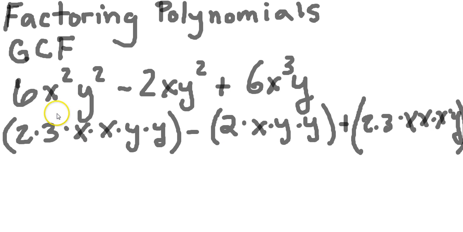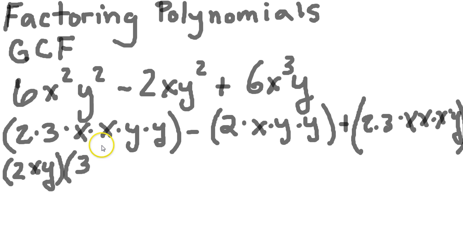So how we write this is, looking at our first term, 2 times 3 times x times x times y times y, let's pull out that common term of 2xy. So we have open parentheses 2xy, close parentheses, open, and whatever's left goes in the second set of parentheses. So in the first one we have a 3, and we have 2 x's, and we already pulled one out, so we have x.